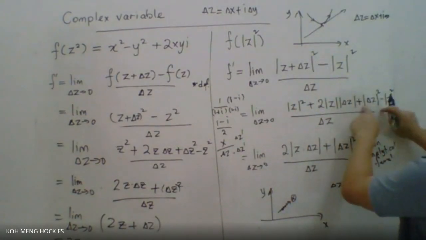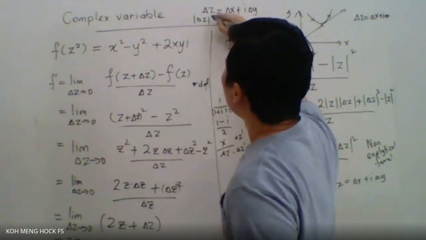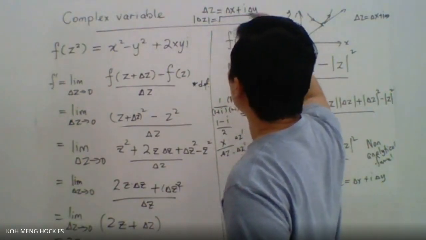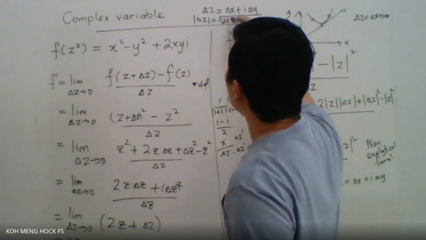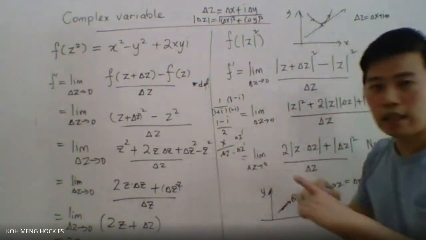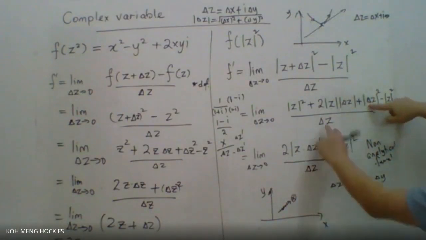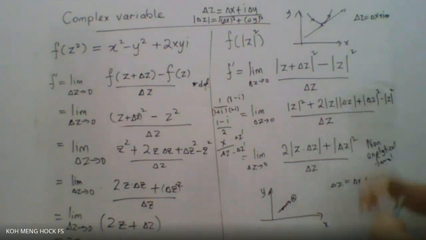My modulus of delta z is going to be the square root of delta x squared plus delta y squared. So it is not the same. You cannot say delta z is the same and just cancel it. You cannot.